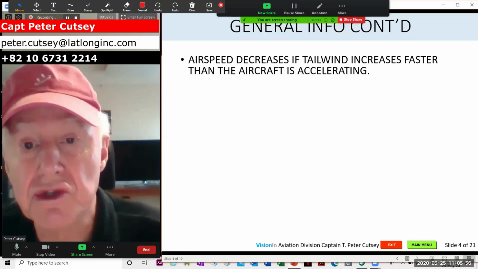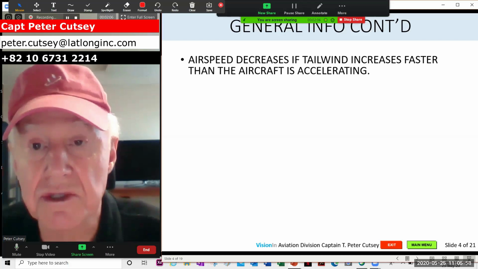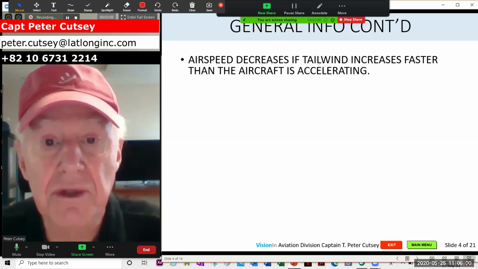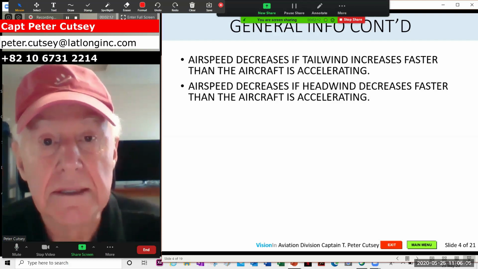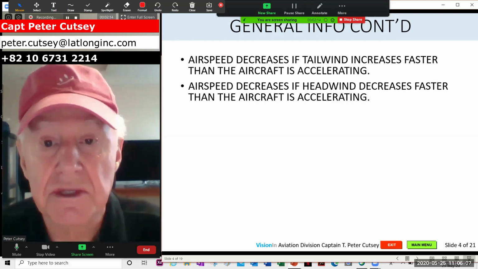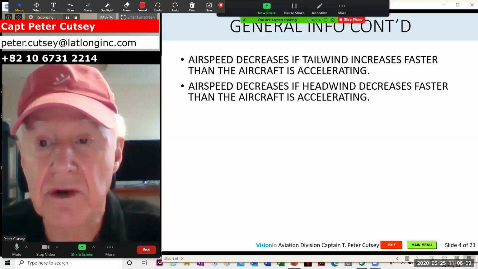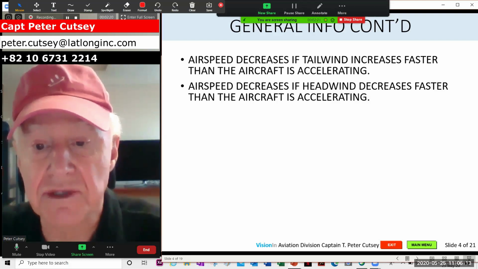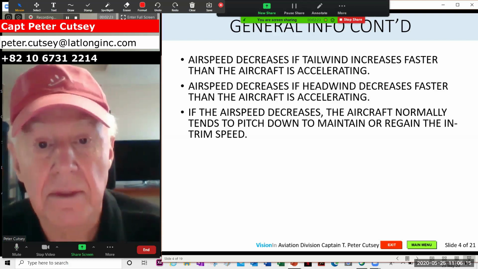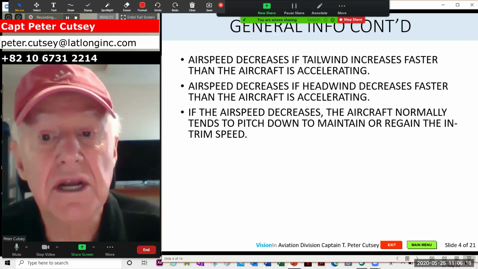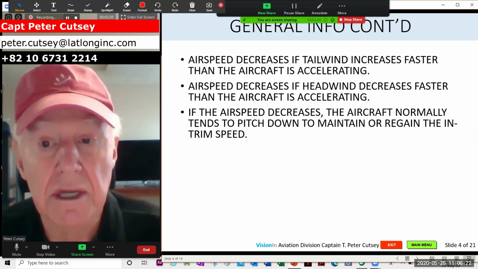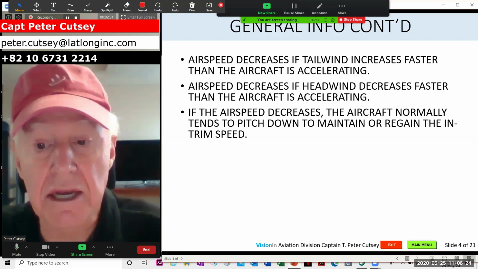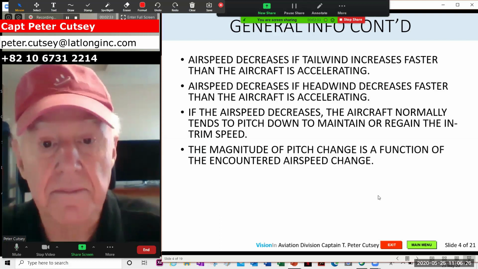Airspeed decreases if tailwind increases faster than the aircraft is accelerating. Airspeed decreases if headwind decreases faster than the aircraft is accelerating. If the airspeed decreases, the aircraft normally tends to pitch down to maintain or regain in-trim speed.